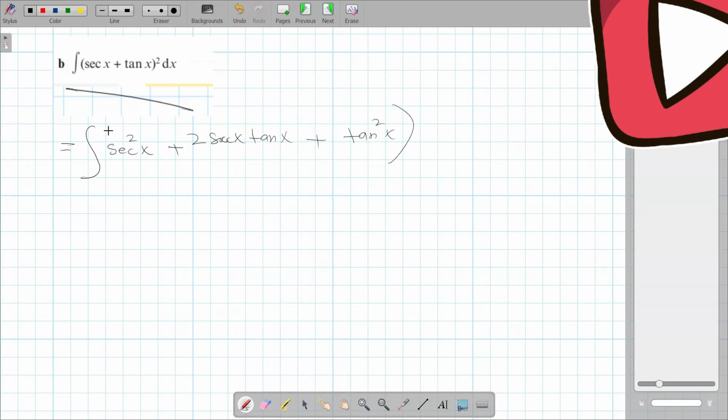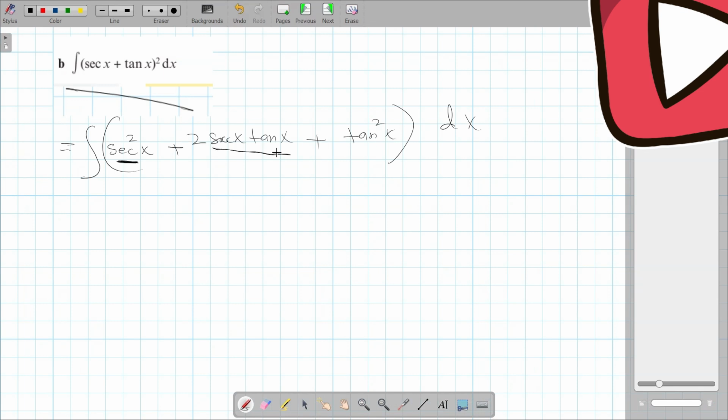Now you have to ask yourself, can you integrate sec square? Whose derivative is sec square? Tan x. Ask yourself whose derivative is sec x tan x. Sec x.